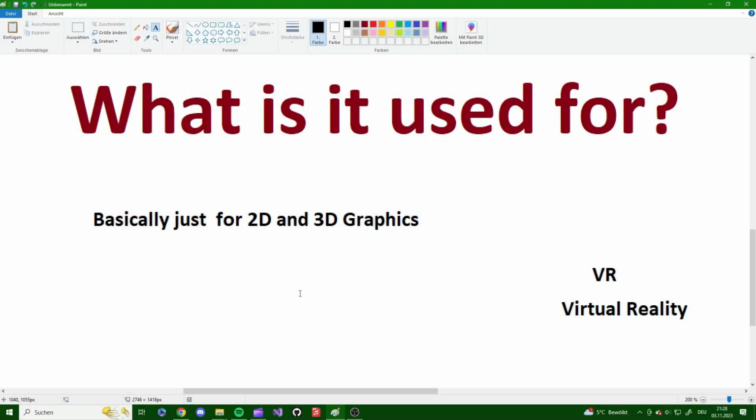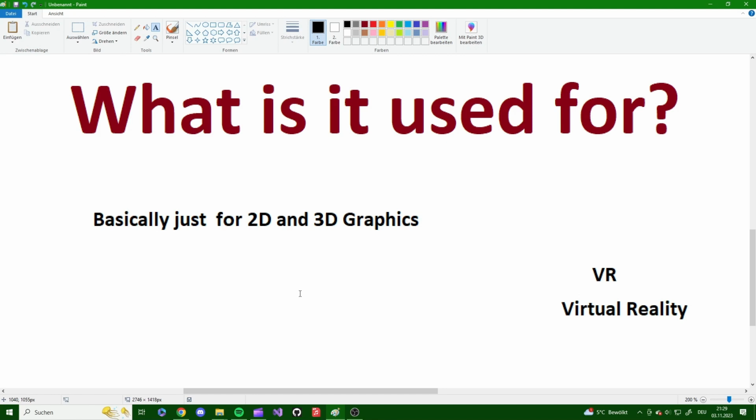And the next question is, what is it used for? Basically, like we said before, it's just for 2D and 3D graphics. Everything that's on the monitor, you can also make with Vulkan. The only difference is it is low level and you can do so much more with it. You can increase the performance and everything. You can manipulate so much more than with other graphical APIs because it's very low level, but it means it is exponentially more difficult.